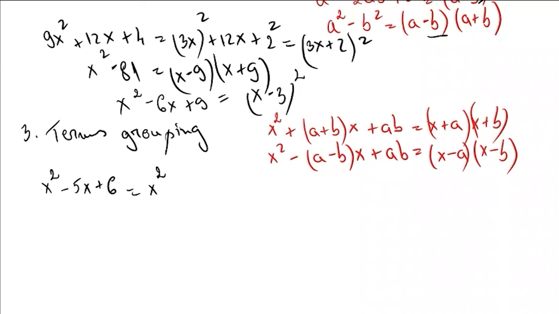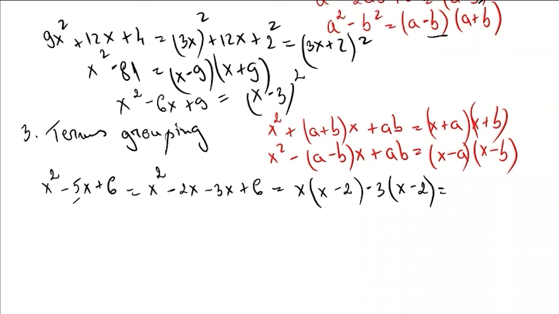I'm going to rewrite 5x as minus 2x minus 3x plus 6, yes, equals x multiplied with x minus 2 minus 3 multiplied with x minus 2, which equals x minus 2 multiplied with x minus 3. I have used the second formula.